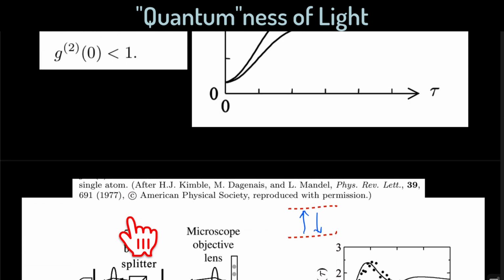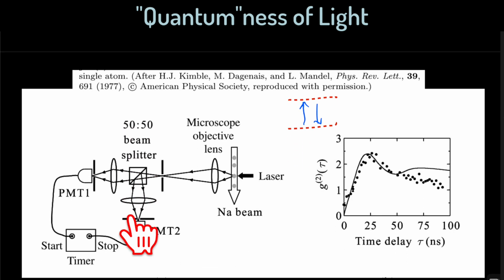So this is a theoretical framework, and it is important to understand how people went about experimentally verifying this. One of the remarkable experiments was performed in 1977 by Kimble, Dagenais, and Mandel, which showed that if you take streams of sodium atoms, which are spatio-temporally isolated from each other, a remarkable feat by itself, and you shine a laser onto such an atom, that individual atom can emit light, and that emitted light can be single-photon in nature.